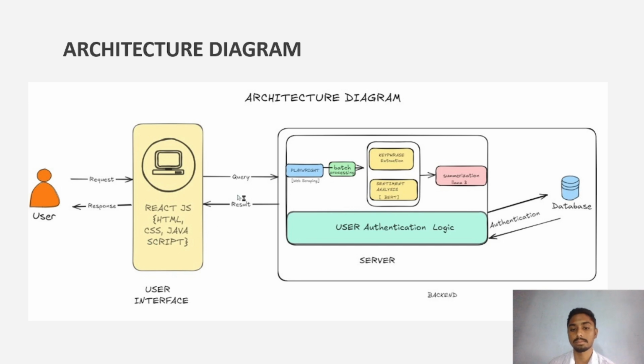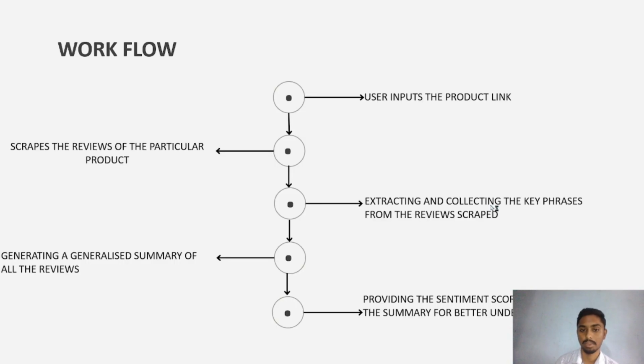The second layer, after the user interface, is where the scraping, the analysis part, as well as the summarization part happens. Also, we have the storage layer where the data of the user is stored, and we are also using it for authentication purposes.